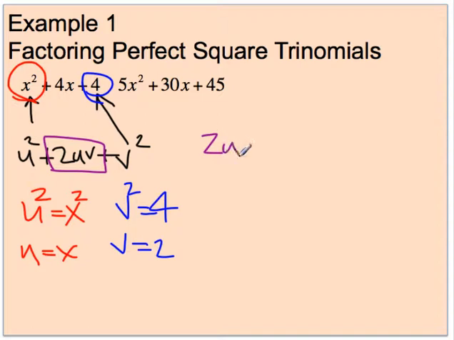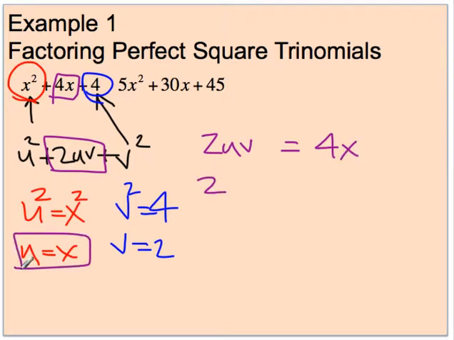So I want 2 times u times v to equal what it is in the question, or 4 times x. So I check this compared to what I know. I take 2 times u, which I know is x, times v, which I know to be 2. So I have 2x times 2, which is 4x.